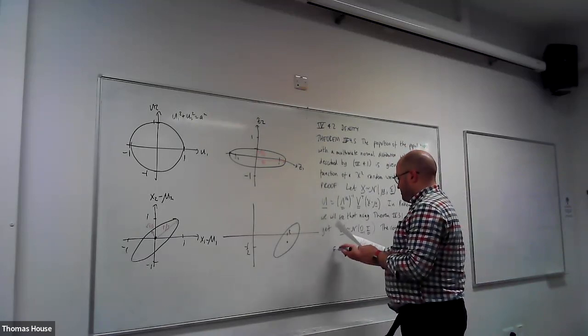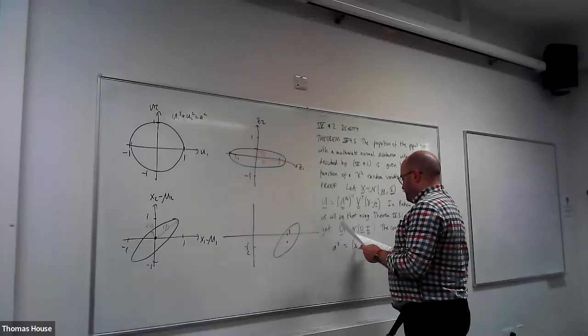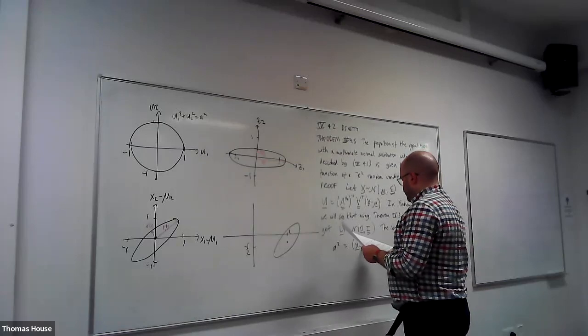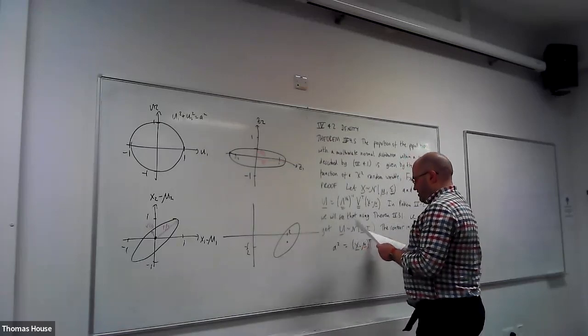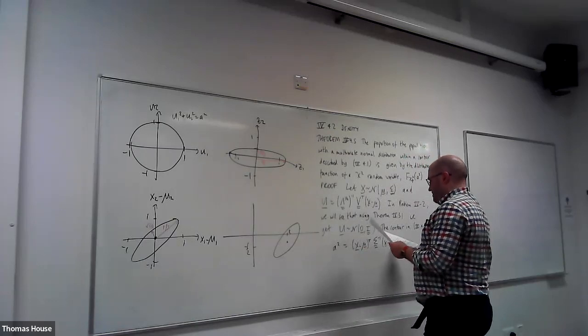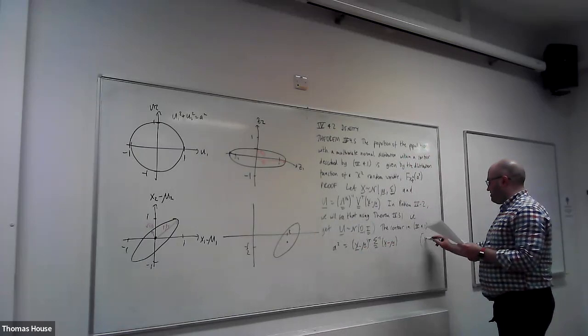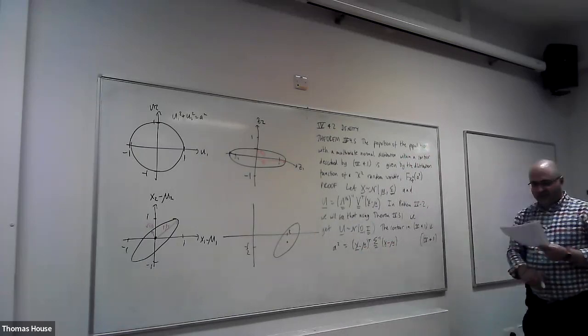So that's a squared, I'm just going to write this the other way around, is x minus mu transpose sigma minus 1 x minus mu. Okay, that's just the equation for 1 with the left-hand side and right-hand side swapped.